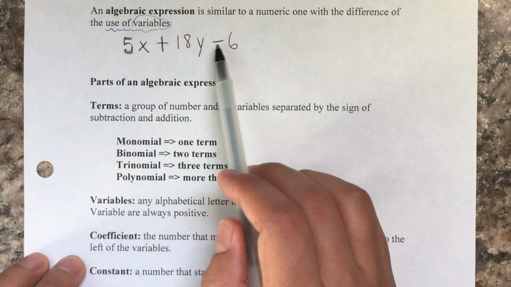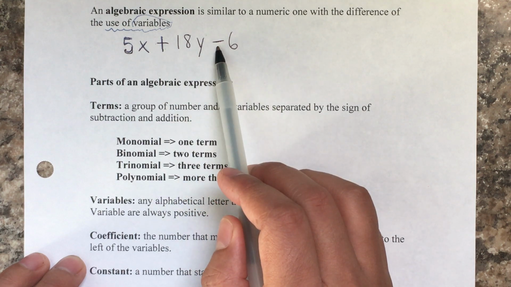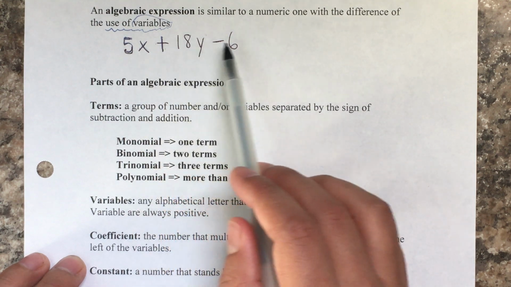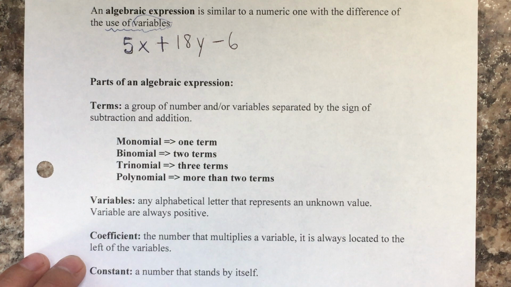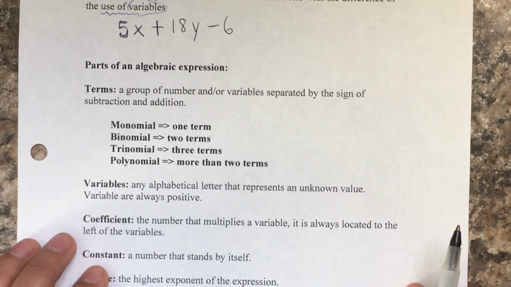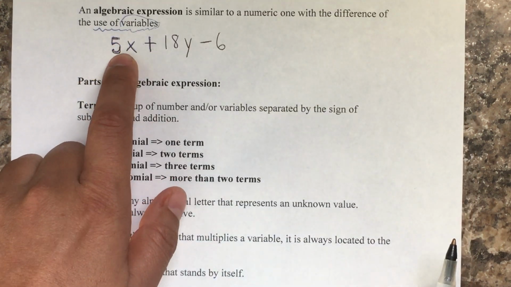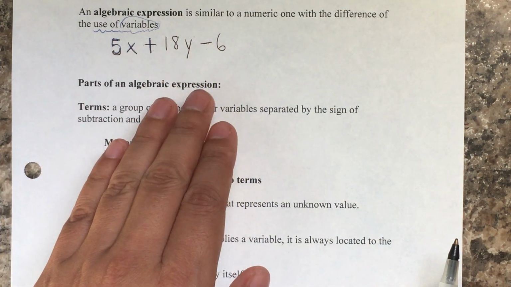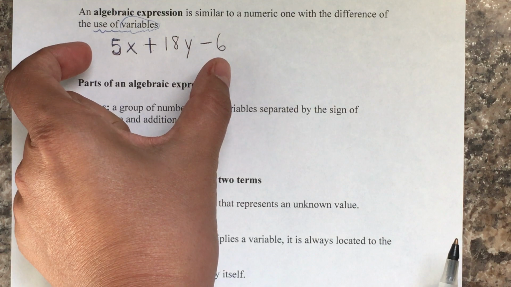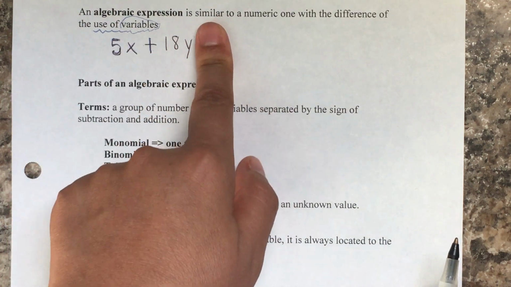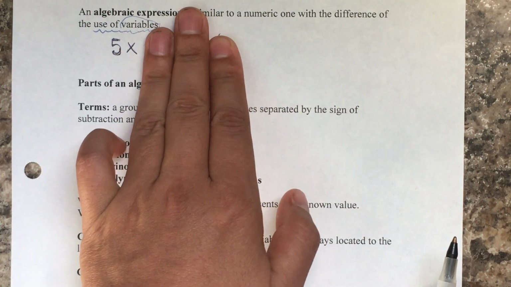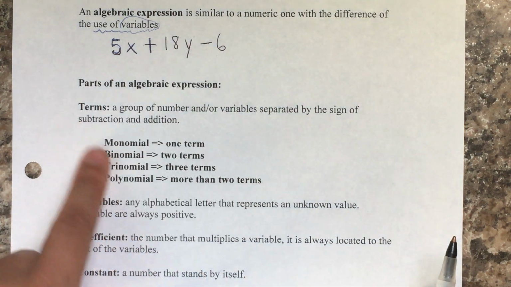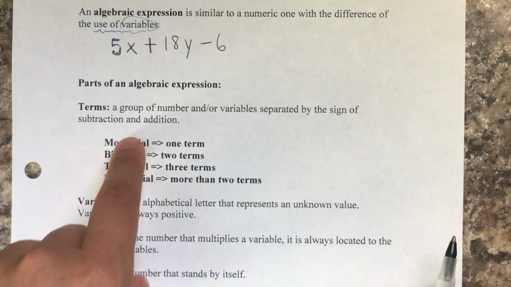Okay, so los signos de plus y minus dividen cada uno de los términos. Okay, so you already saw that in here we have 3. There are some algebraic expressions that only have 2 and some have only 1. So this is what comes next.